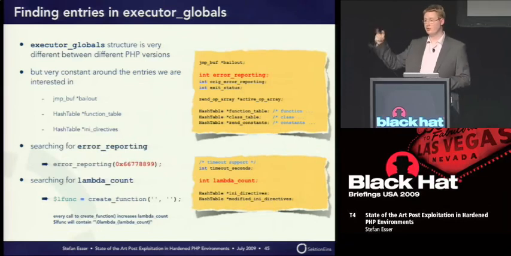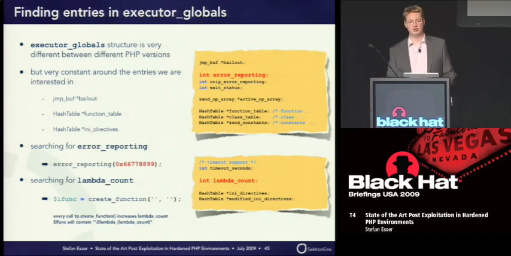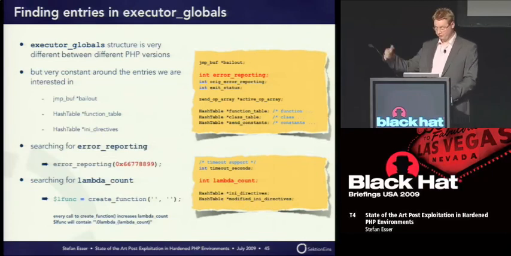We can do this several times to be sure, but yeah. Then we found lambda count, and the field after that is the ini directives. So now we know exactly where the hash table of the functions and the hash table of the ini directives are. We can read and write hash tables very well, because we can leak everything in the memory, that is, we have the pointers and we can just leak them.